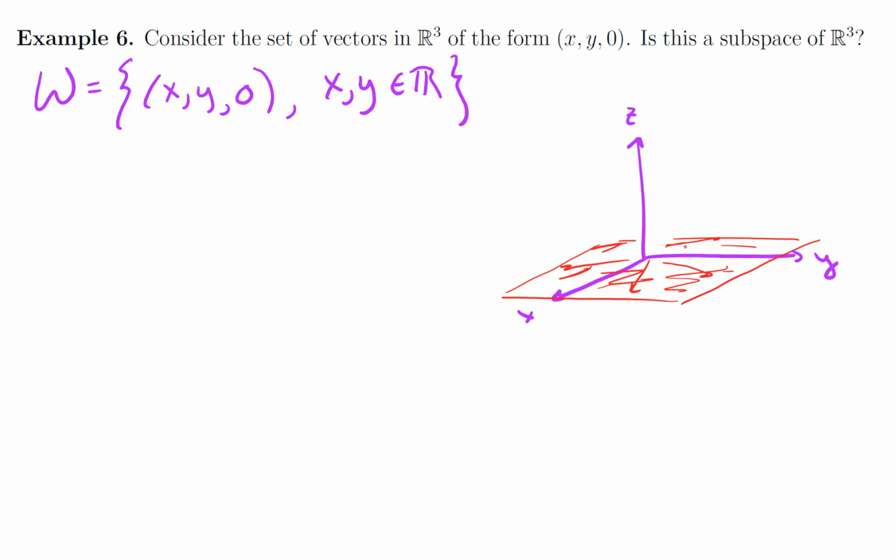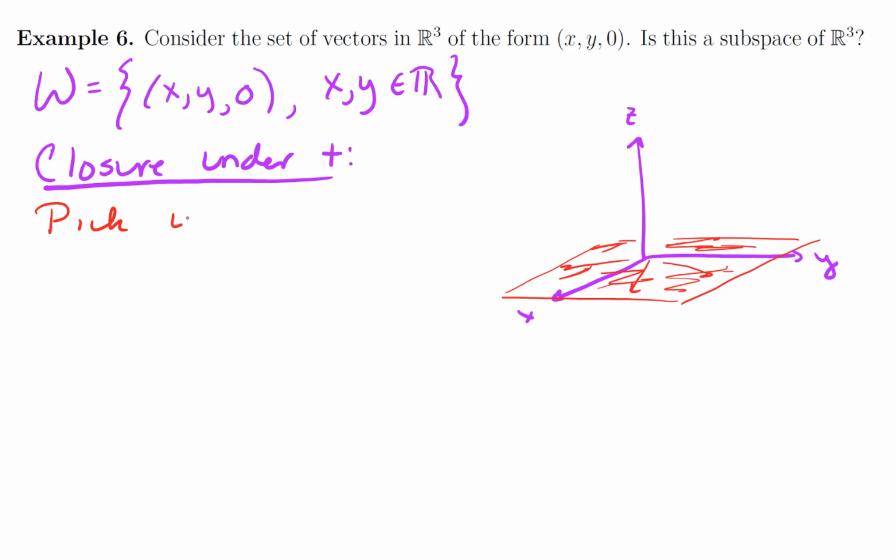We might suspect that that is a vector space, or a subspace of R3, but let's go through and verify it. The first property to check is closure under addition. So let's pick 2 vectors in W, and to live in W, you can have anything you want in the first component, anything you want in the second component.